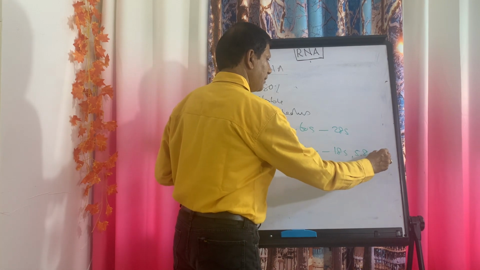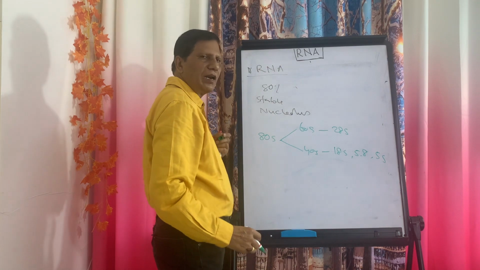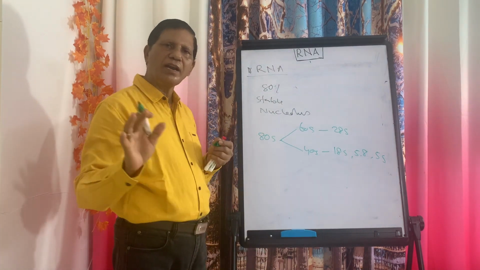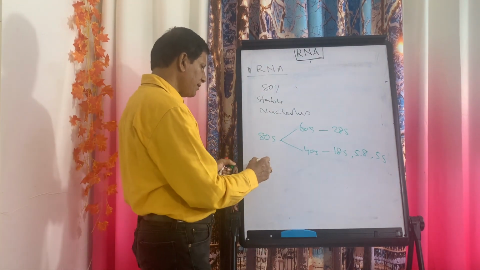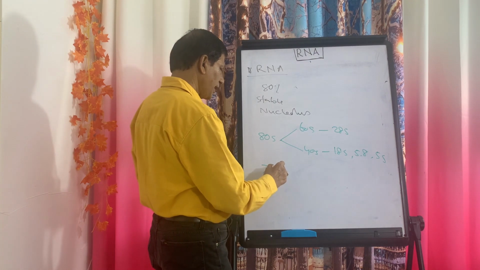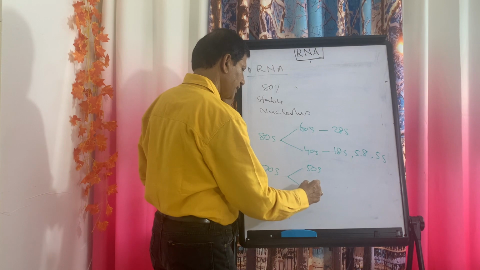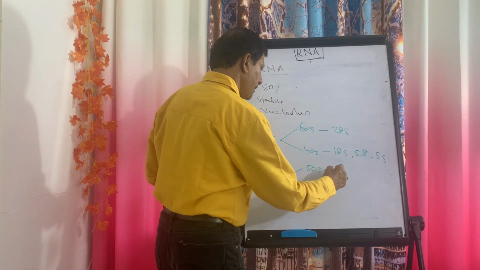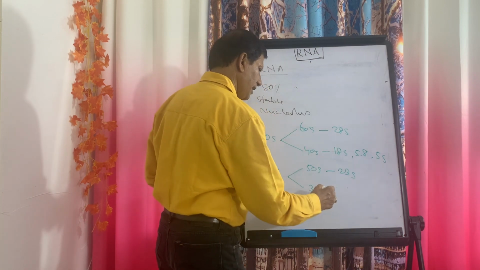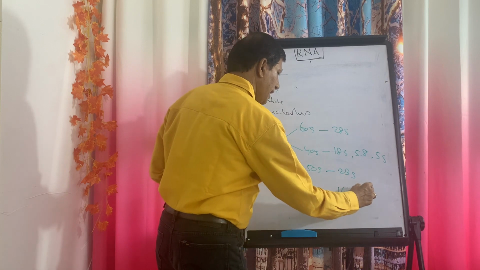That means there are four types, and all these are rRNAs. Similarly, in prokaryotes, the ribosome is 70S, and the two subunits are 50S and 30S. In 50S it is 23S and 5S rRNA, and in 30S it is 16S.